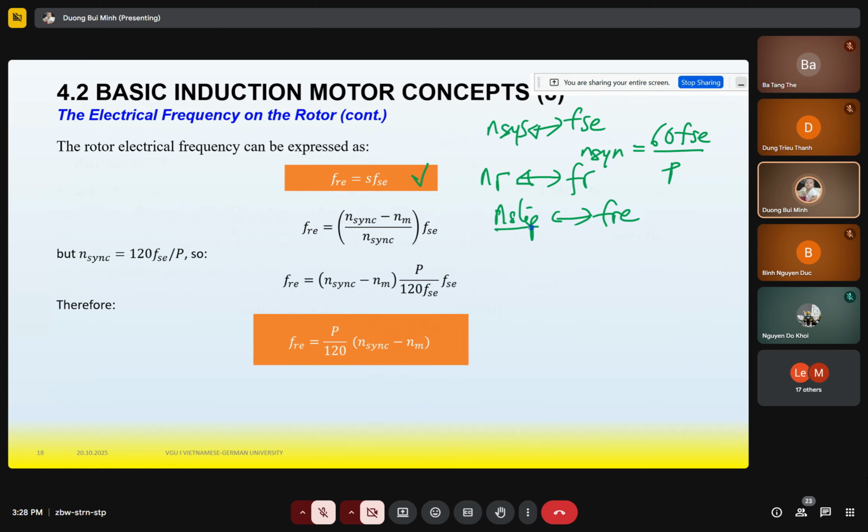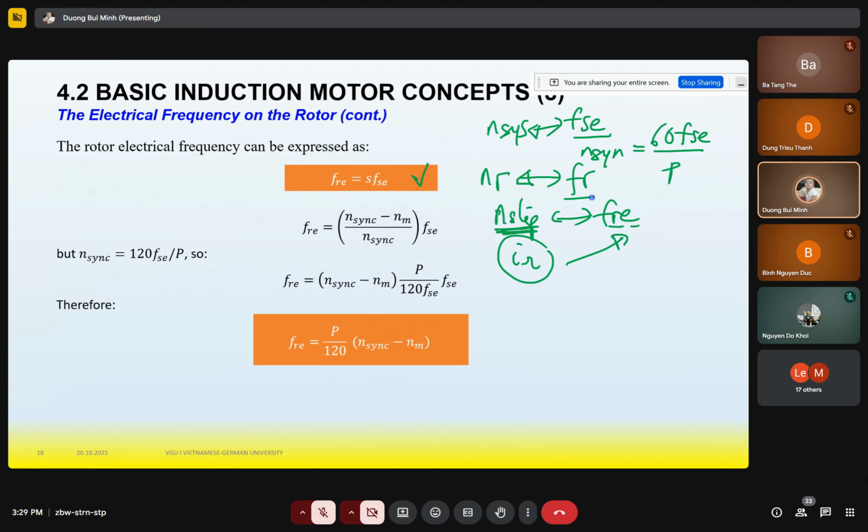Why? Because if we have slip, that means we have rotor current, so we can get FRE. So the synchronous speed is equivalent to the stator electrical frequency, and the slip speed is equivalent to the rotor electrical frequency.